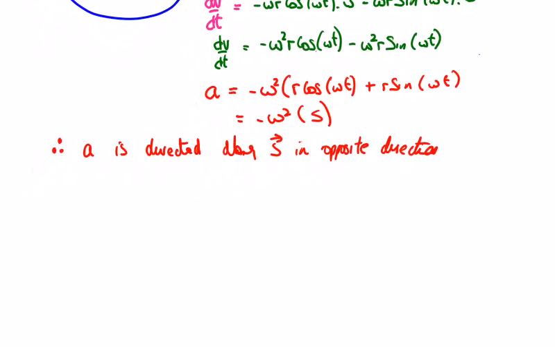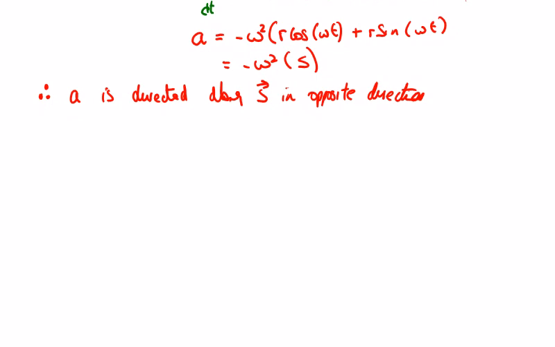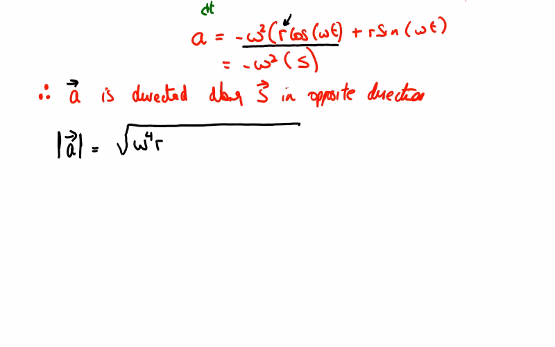So now let's look at the magnitude of this acceleration. So the magnitude of a, which should probably be consistent with my arrows, is equal to, okay, what have we got? Well, I'll take this whole expression here. It's going to be the square root of everything squared added together. So it's w squared squared, which is w to the power of 4, r squared cos squared wt plus similarly w to the power of 4 r squared sine squared wt.